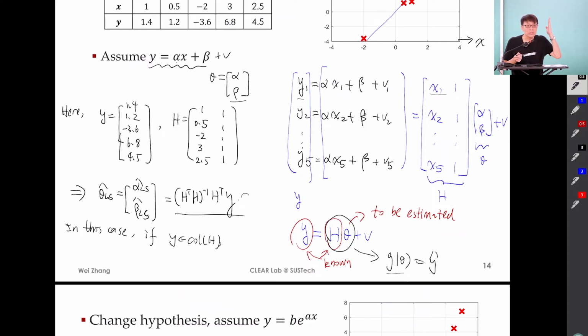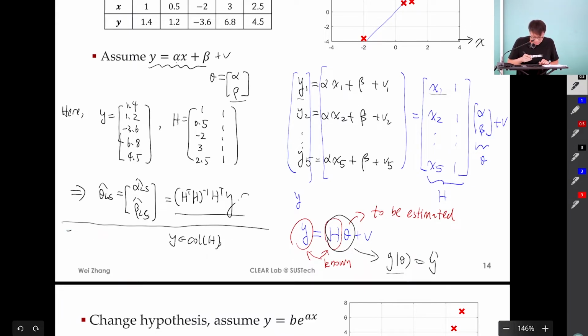What you're computing is a projection. Can you imagine a case where, for the line fit example, y falls into the column space of H? Let me say this.